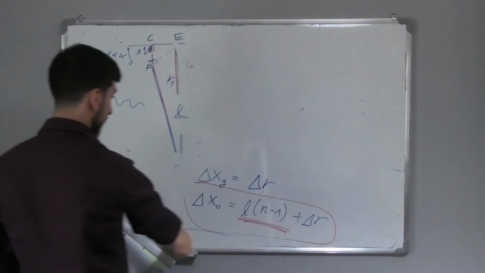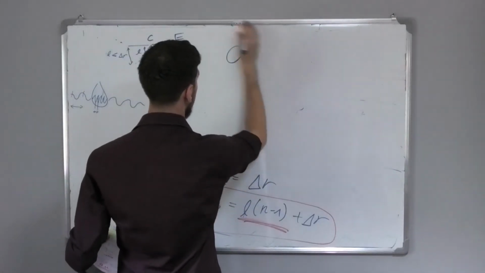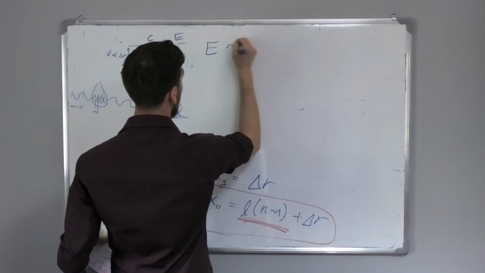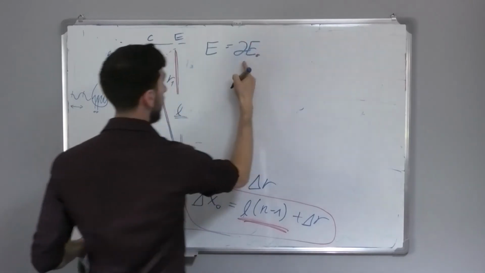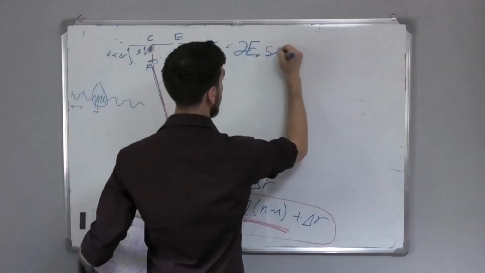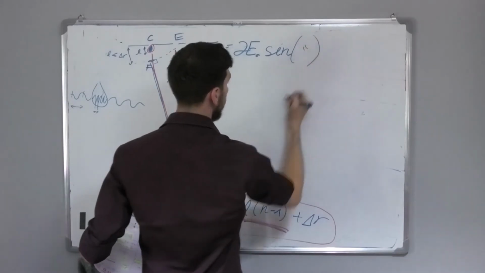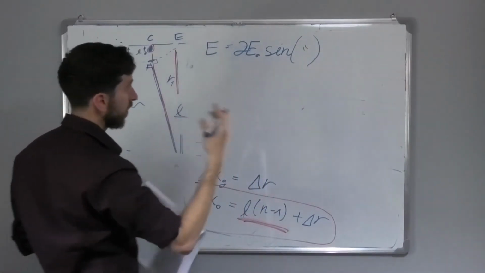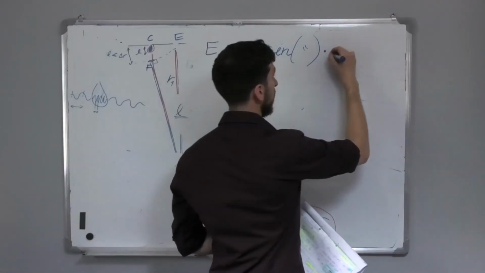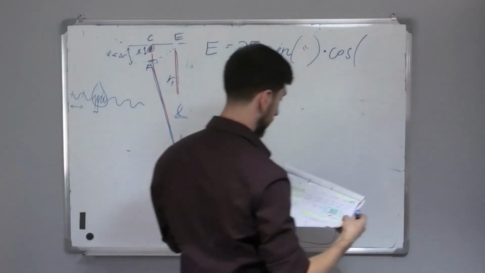So we're actually going to see that we talked about that cosines, that E, let's do a reminder, E equal to 2 E0 because I have two beams. Sinus something that I don't really care about, which is changing with time. I don't care about it, but multiplied by cosines of what?